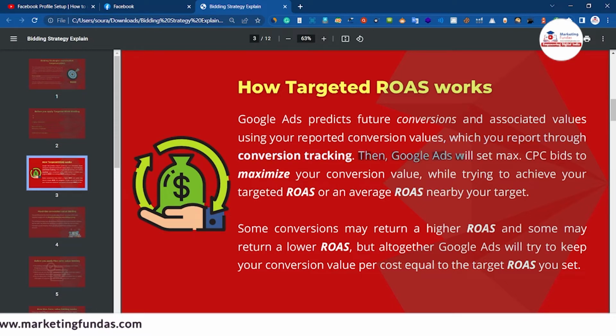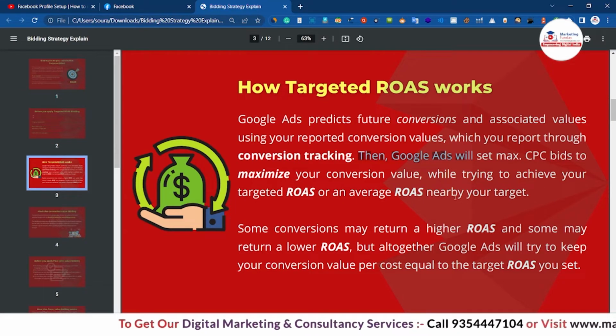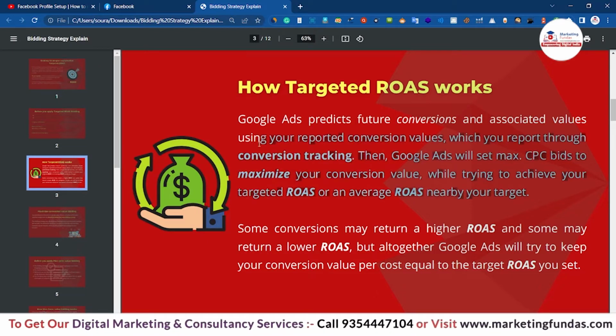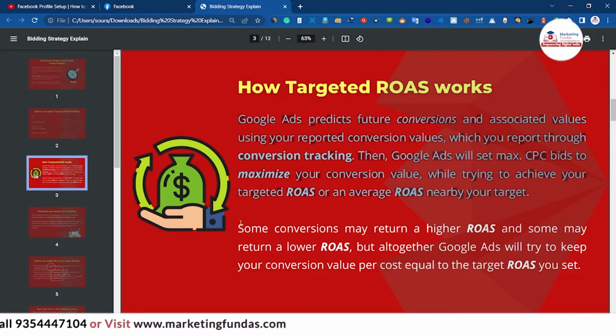Then Google Ads will set a max CPC bid to maximize your conversion value while trying to achieve your targeted ROAS or an average ROAS near your target. So this one is the best method to bring the best ROI or the best return on ad spend.